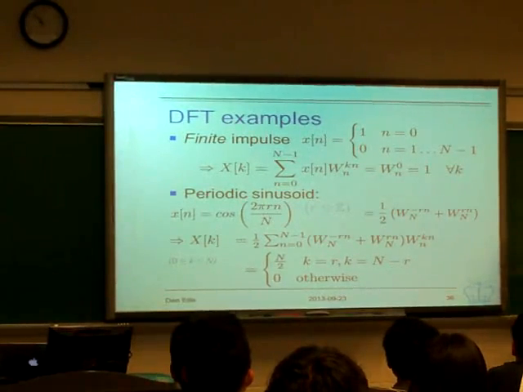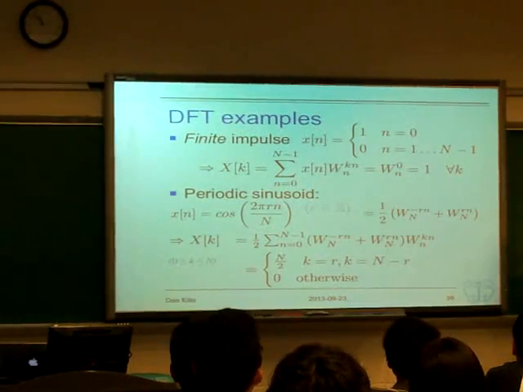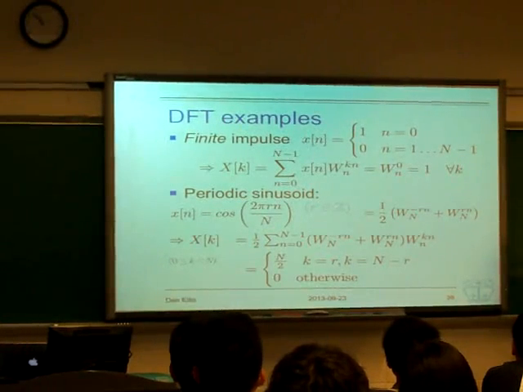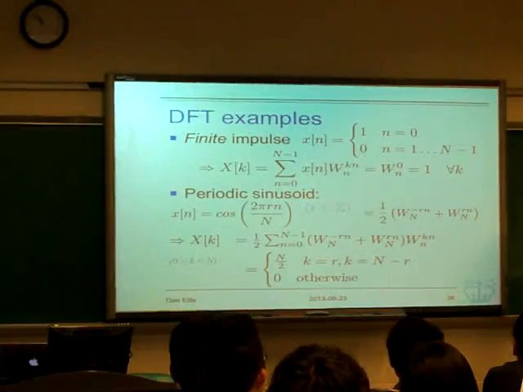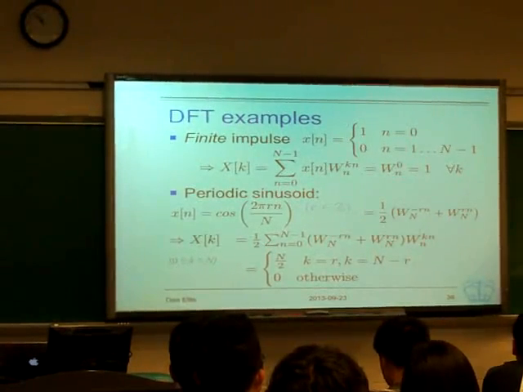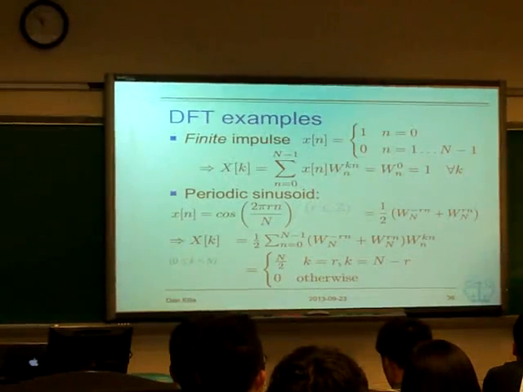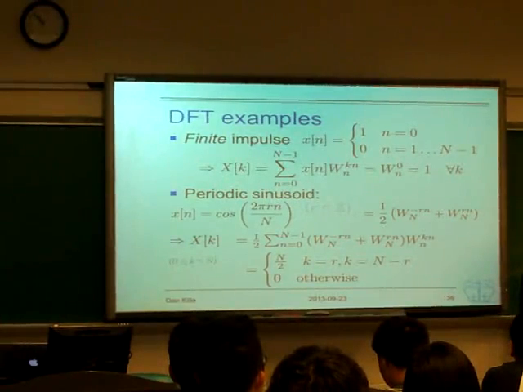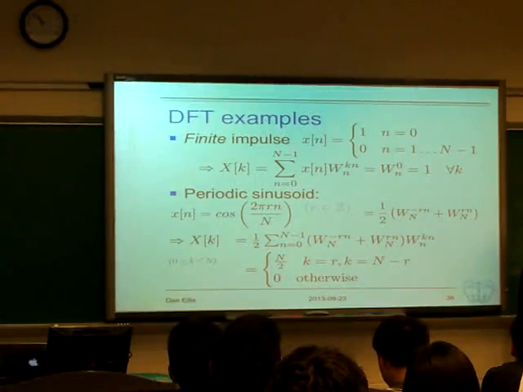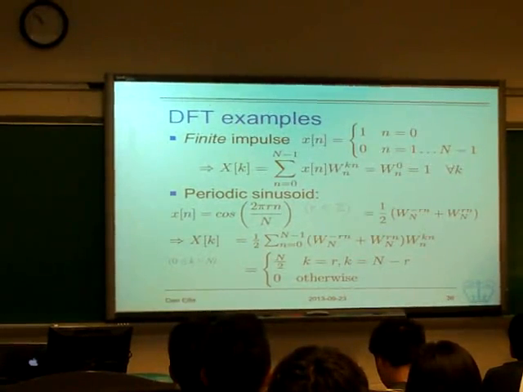If x of n was periodic, then this would not be true anymore, because then it would be like this, and then another one for the next N, etc. But then if x of n is periodic, x of n has infinite energy, because its energy never goes away. And so it doesn't have a Fourier transform you can talk about. But we could say, if we restrict this to the per-period average, then it all works out again.